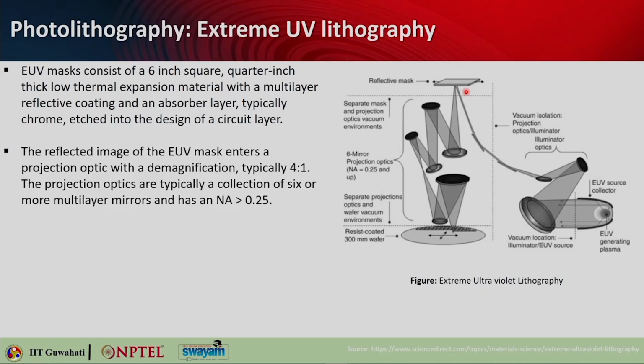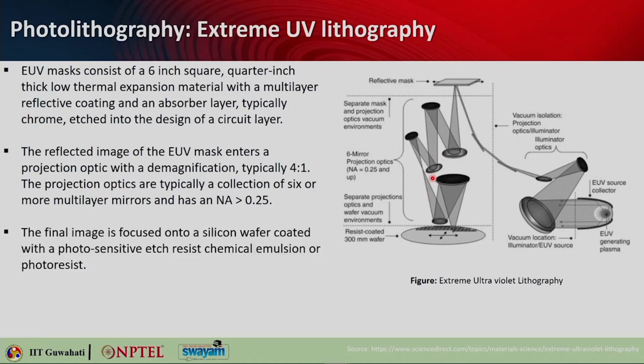The reflected image of this mask enters the projection optics, which gives you a demagnification, typically 4:1. The projection optics are typically a collection of 6 or more multi-layer mirrors, and they typically have a numerical aperture of more than 0.25.